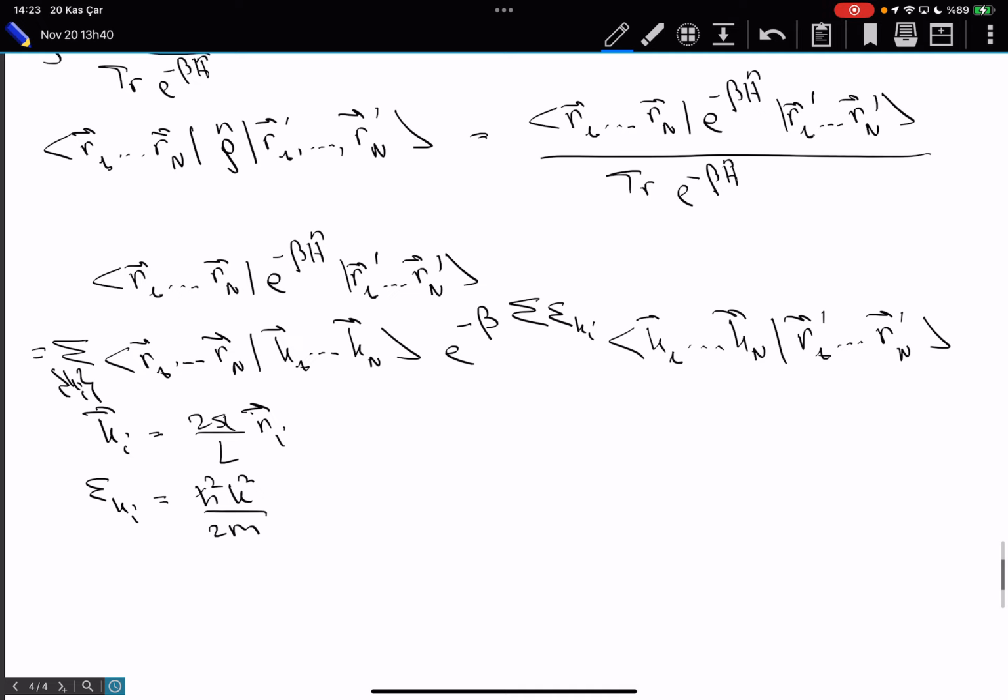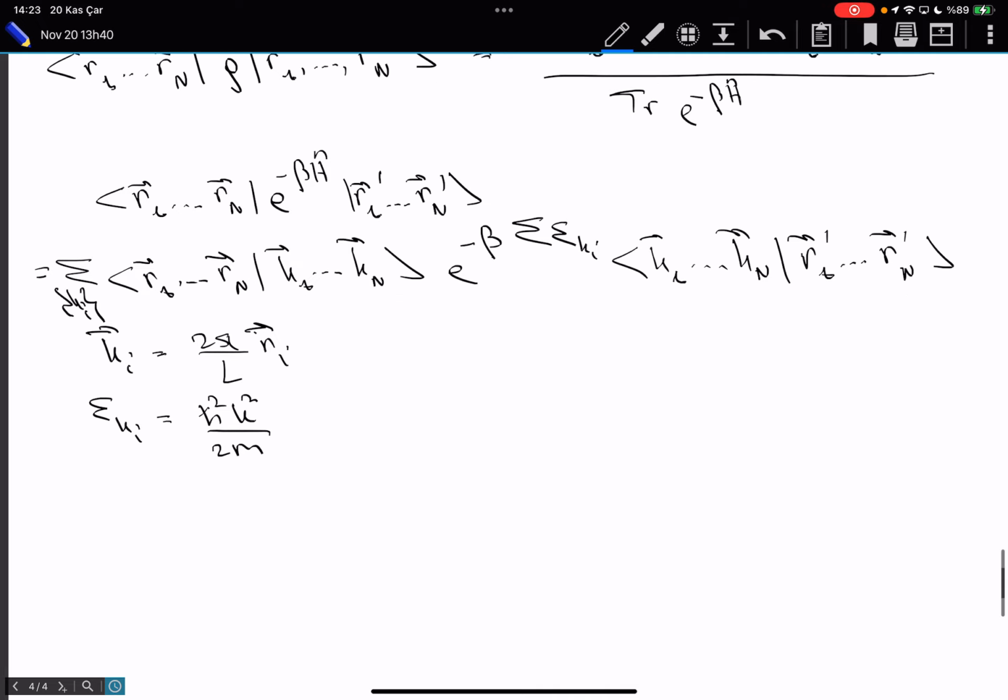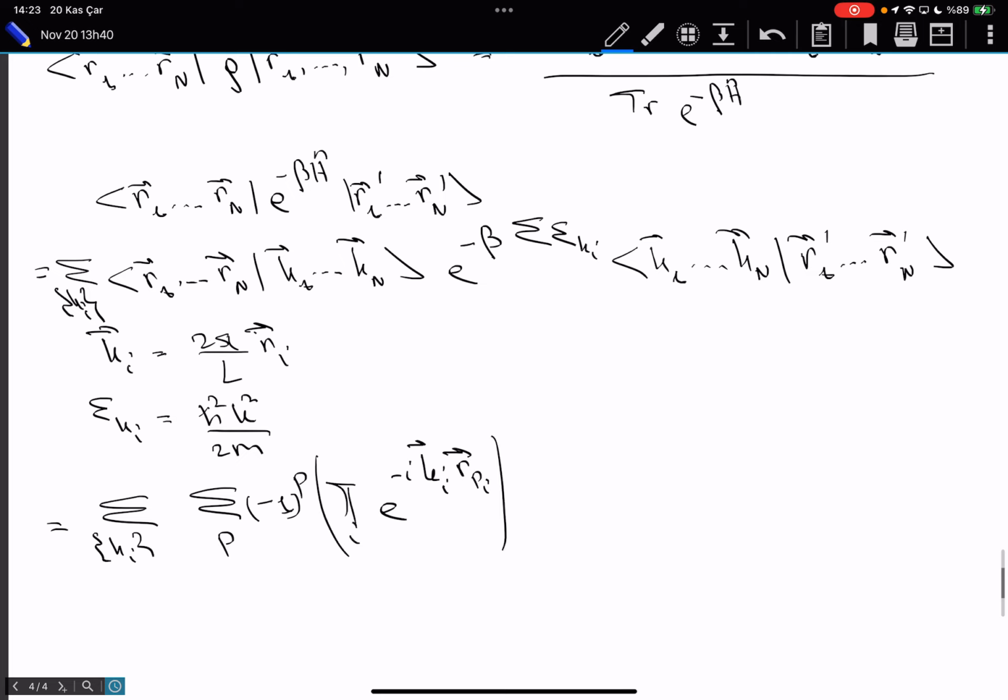Now I need to evaluate this sum. Well, I know those matrix elements. The left-hand side, let me write it as a sum over p, minus 1 to the power p, e to the power minus i ki dot r of pi. The right-hand side, again, a sum over all possible permutations.